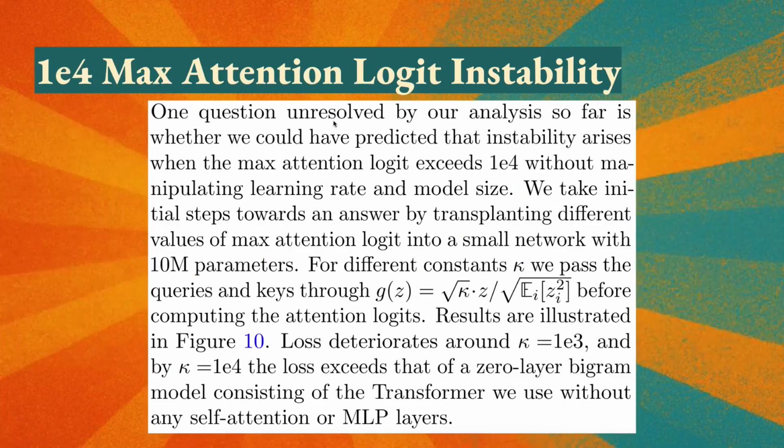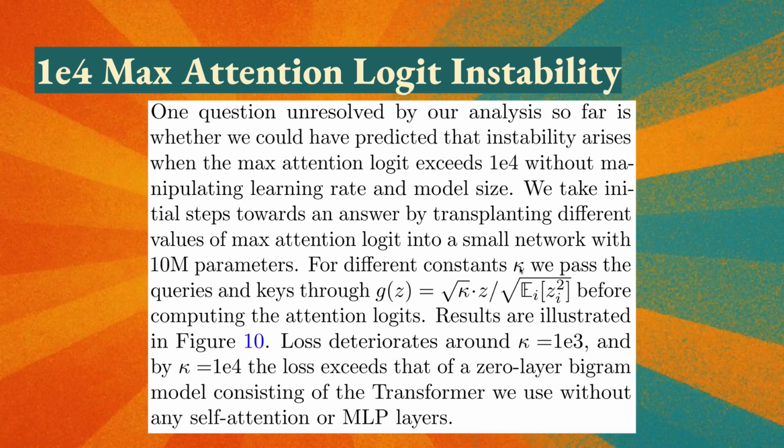Okay, one question unresolved by this analysis so far is whether we could have predicted that instability arises when the max attention logit exceeds 1e4. Another way of thinking about this is, is there anything special about this 10,000 value? So what they did is they transplanted different values of max attention logit into a small network with 10 million parameters.